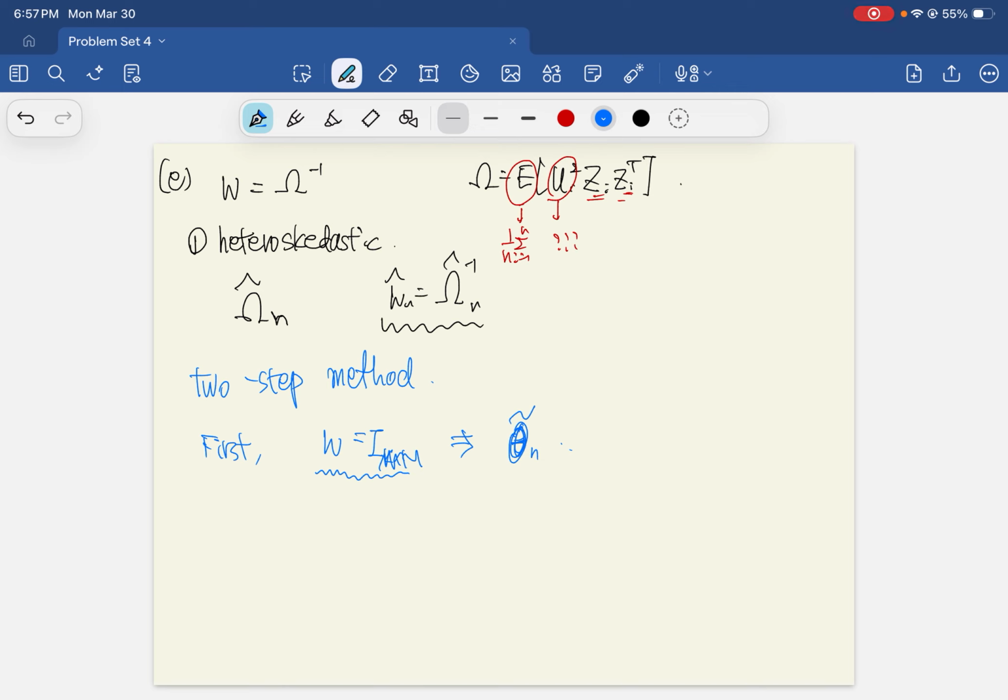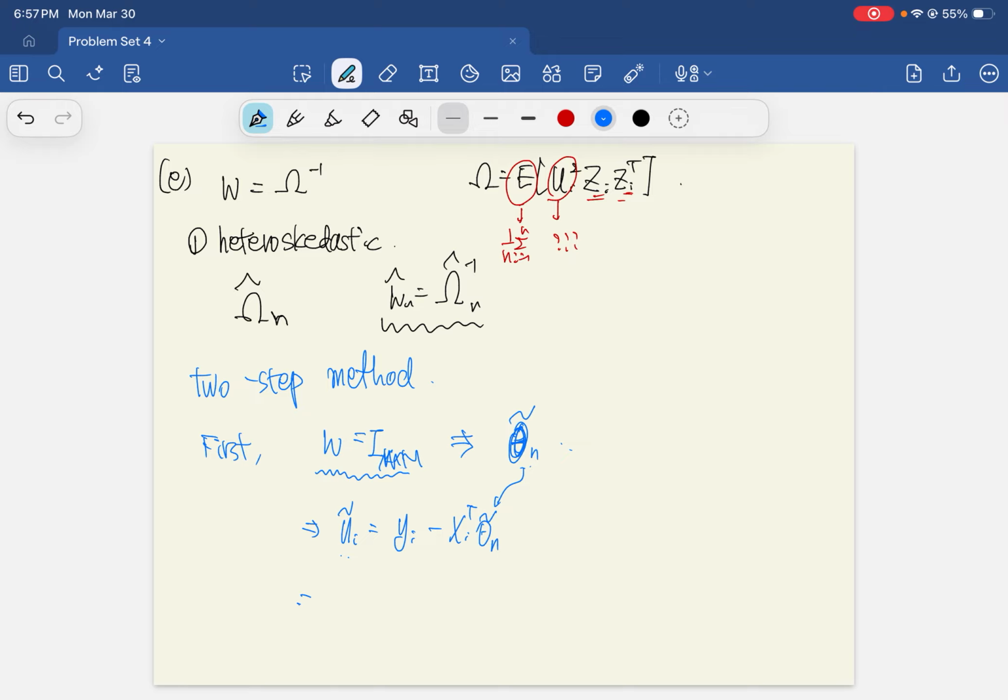Then what we are going to do is calculate u_i tilde as this. Use the preliminary estimator and plug it in here to calculate the residual.